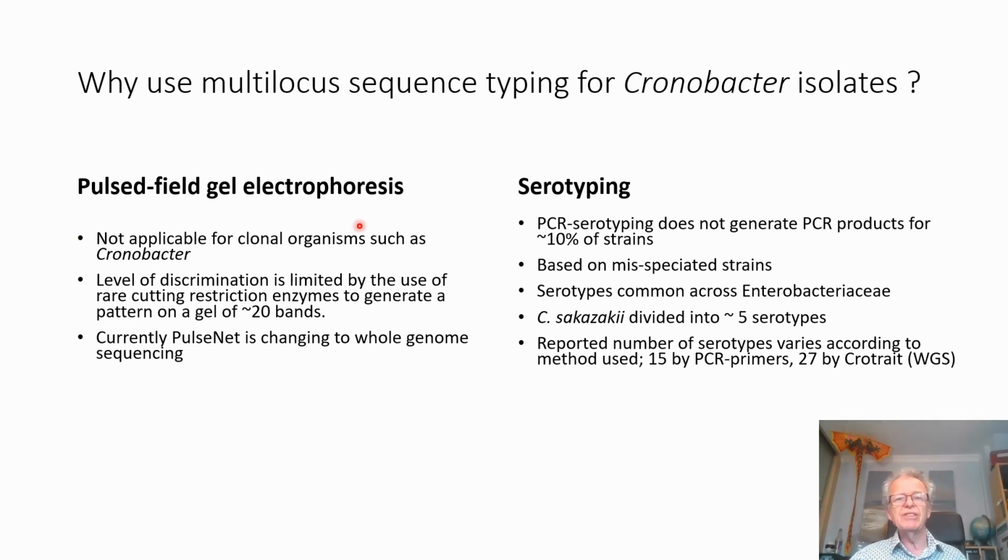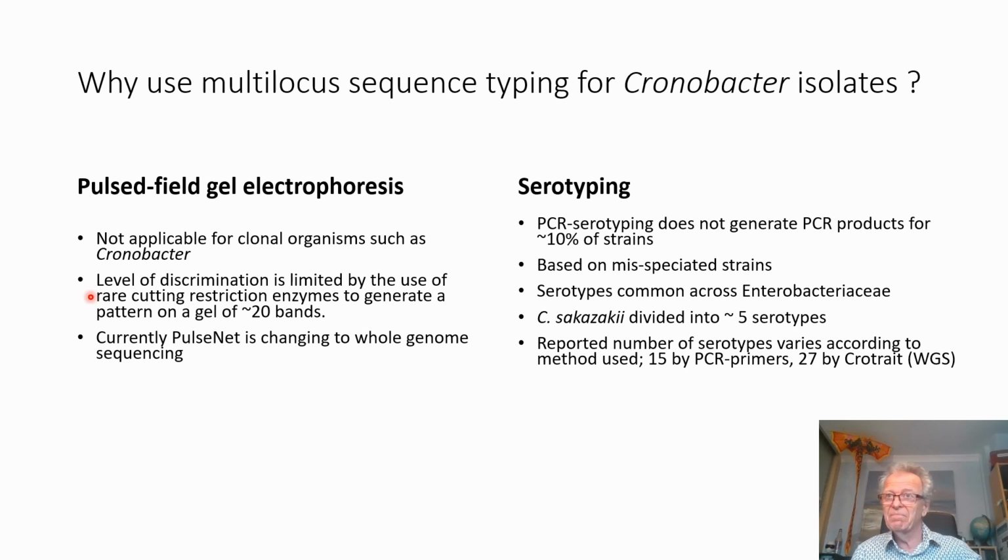But bear in mind that pulsed field gel electrophoresis was designed a couple of decades ago, before we had sophisticated electronic equipment, and the limitation was designed into it because it was visual. It was looking on a gel and how well can you differentiate bands one from the other, and it was decided that we're going to use rare cutting enzymes to give a gel with about 20 bands.